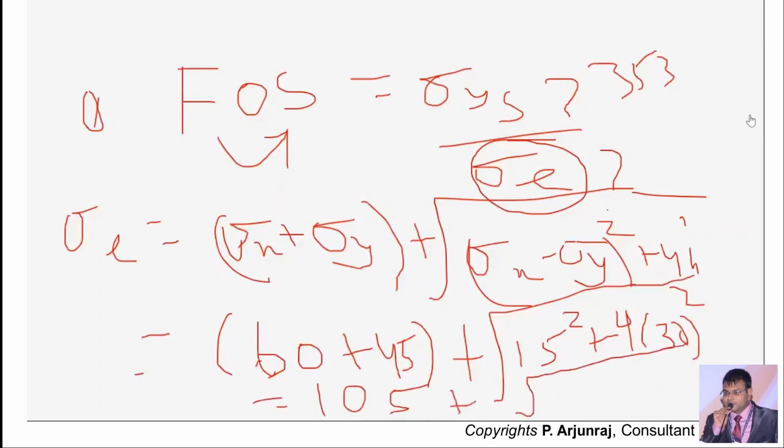Plus the root, which you need to find again.